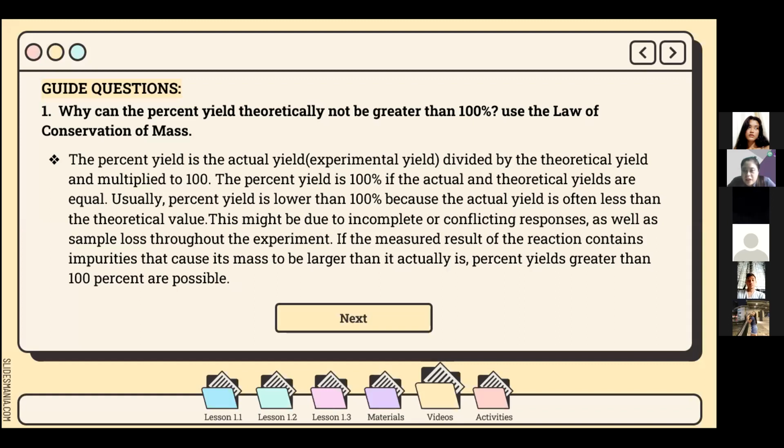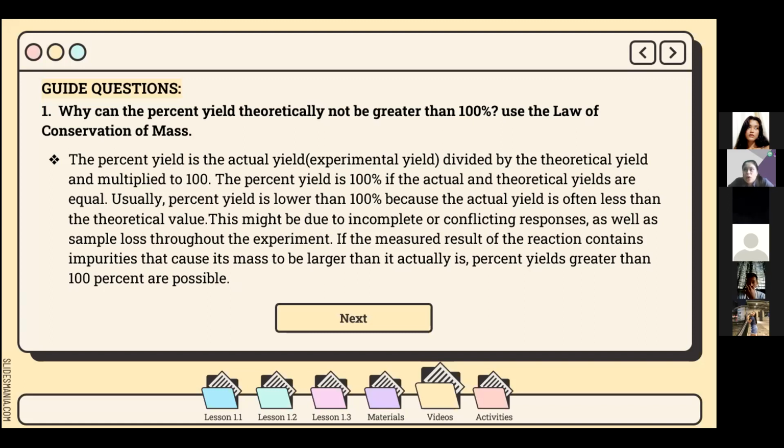So, hindi natin alam if the analytical balance is still properly calibrated, though we have calibrated that before the weighing. Pero, syempre, there are errors with the machine. So, pwede yun siya maging reason why you got more than 100%.